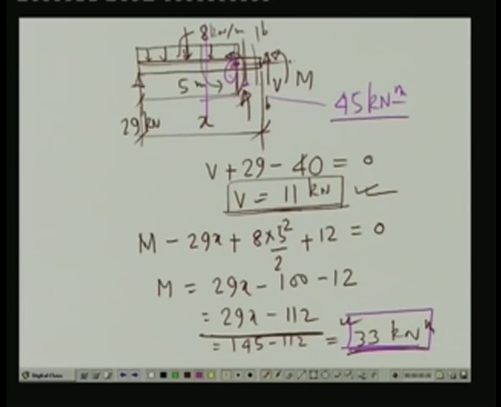So, there is a jump in the bending moment value, but there is no change in the shear force value, and this is what we have observed when we have looked into the effect of a concentrated moment in the span of the beam. We find that there is absolutely no change in the shear force, but the value of the bending moment changes immediately from the left to the right part of the concentrated moment.